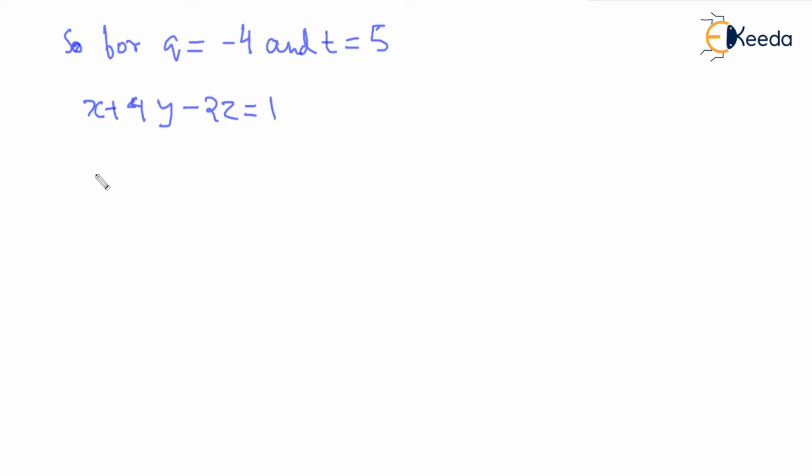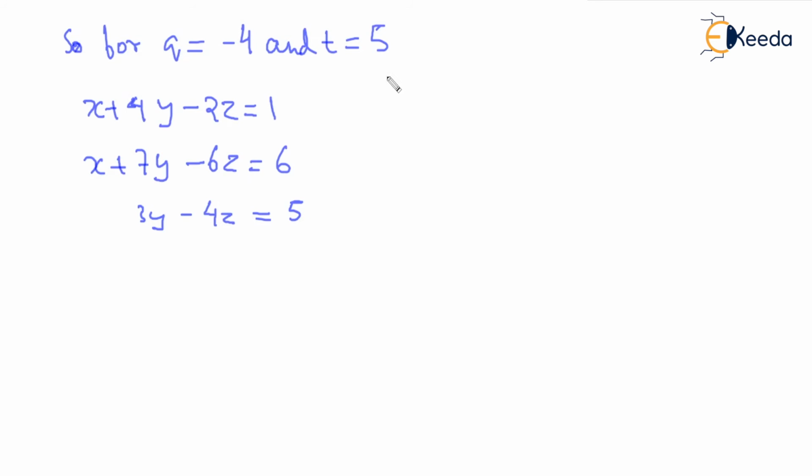So for Q equal to minus 4 and T equal to 5, the system will become x plus 4y minus 2z equal to 1, x plus 7y minus 6z equal to 6, 3y plus q z, which is minus 4z, equal to t, and t is equal to 5.